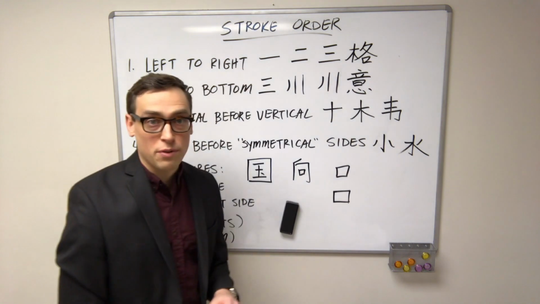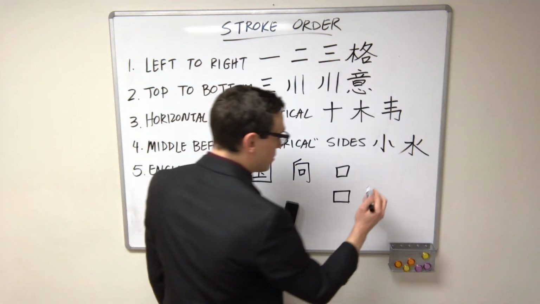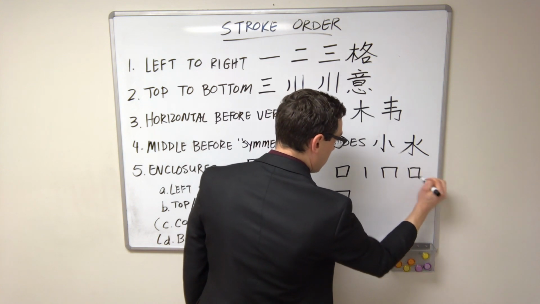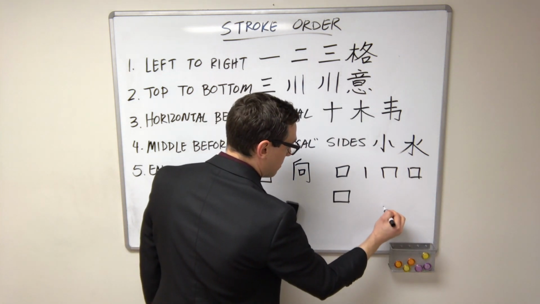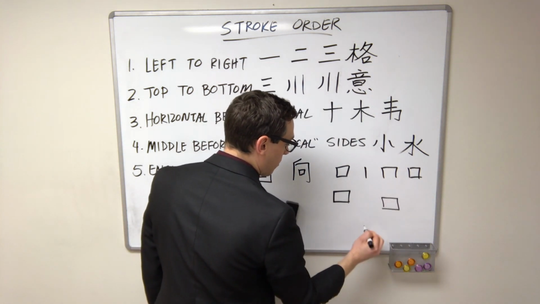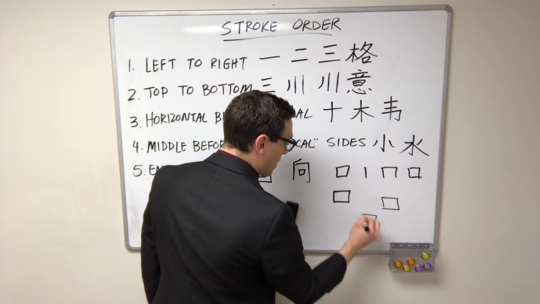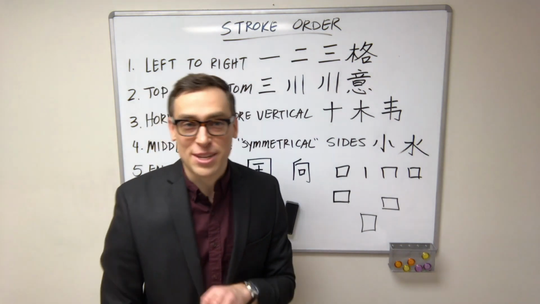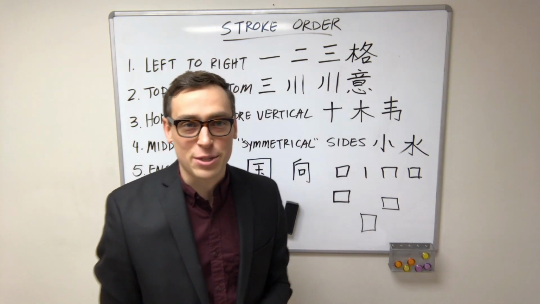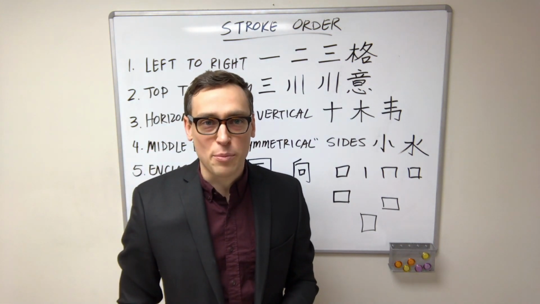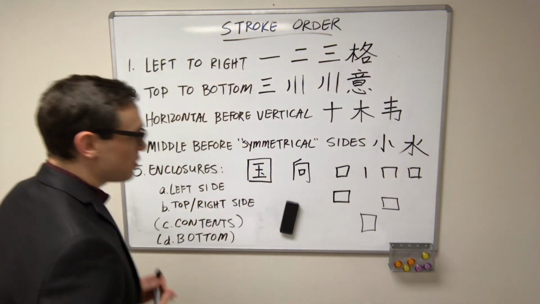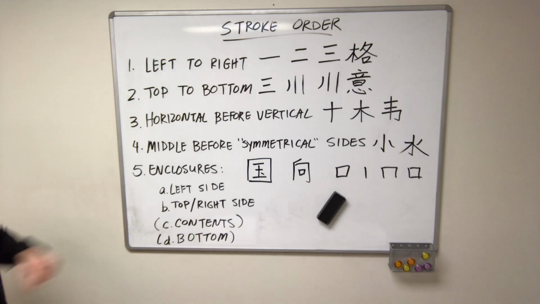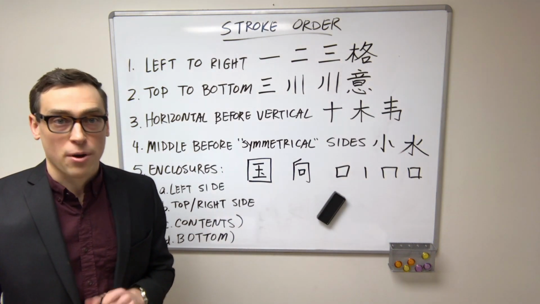I can tell you from experience, when students don't follow this exactly, and they get lazy, and maybe go like this, or any other deviation from this, the teacher can tell. And if they're a good teacher, they will mark points off. So make sure that you are following this guideline here. All right?